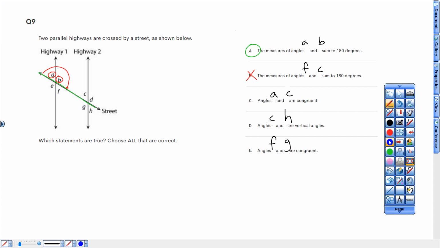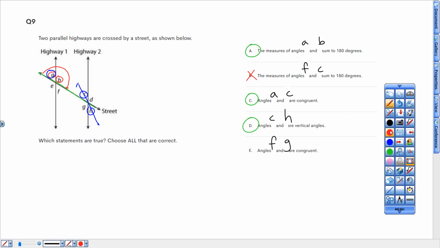So I got A right here, C right here. Definitely congruent. Yep, those are what we call corresponding angles. Corresponding. All right, vertical angles. I got C and H. And yes, those are right smack across from each other. Vertical. Yes, vertical angles are equal, congruent.